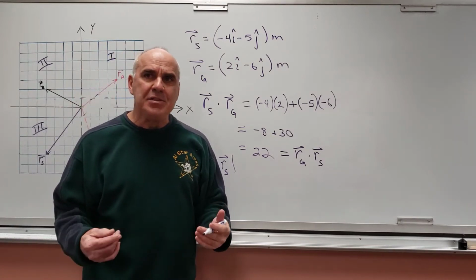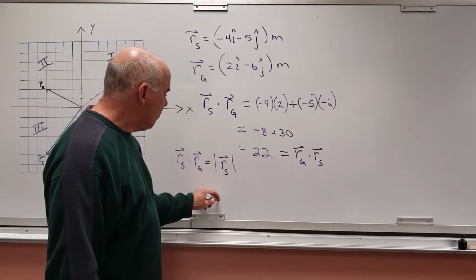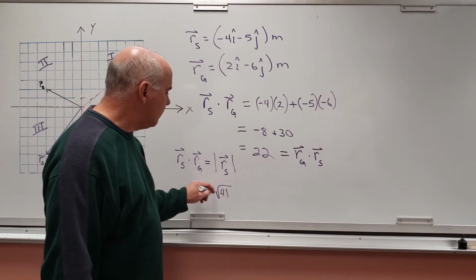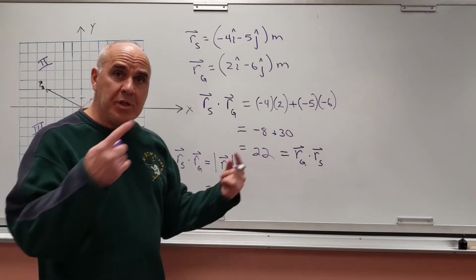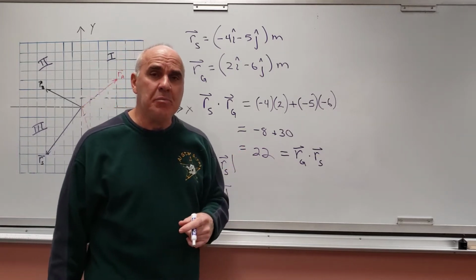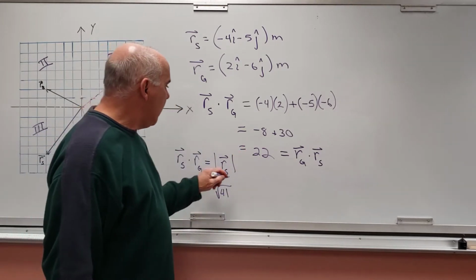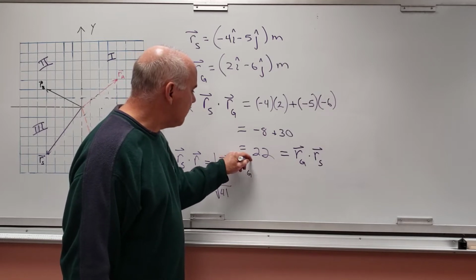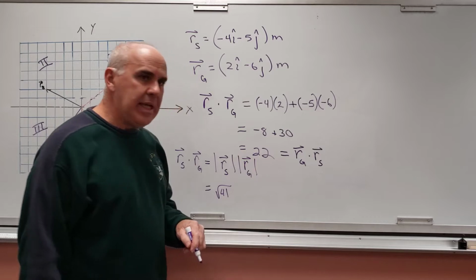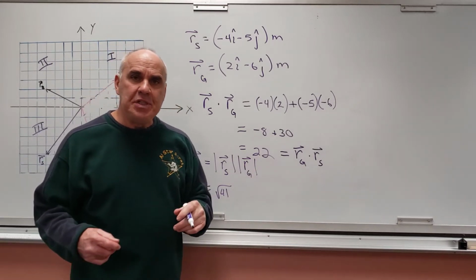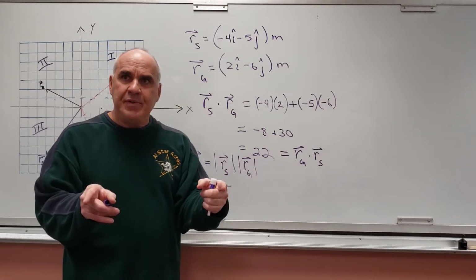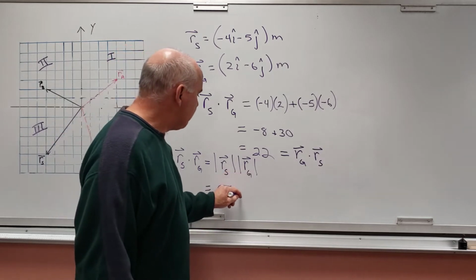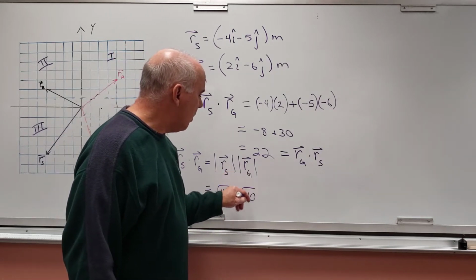All right, and the magnitude of Shelby's position was the square root of 41, if you recall from the previous videos when we put this up in polar form. And then I multiply that times the magnitude of Grayson's position. So I'll just write that as R sub G with an arrow over the top with an absolute value sign. And that was the square root of 40, as you might recall.